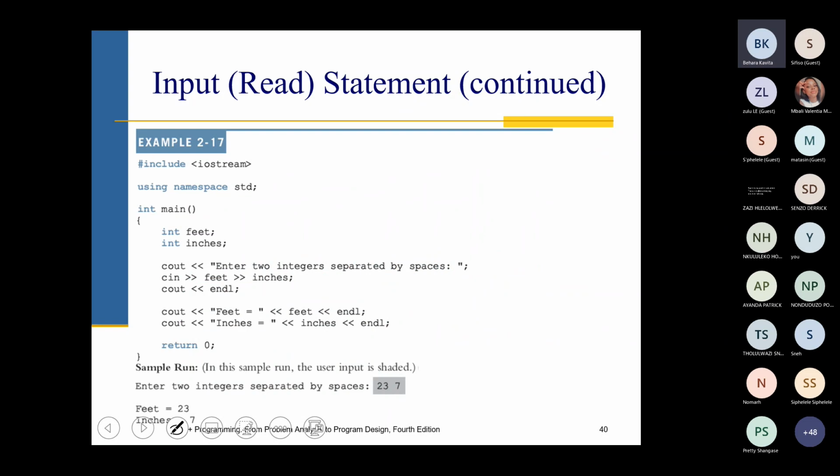So this is one of the examples. Let's evaluate this example. This is where I can ask you to prompt the user to input two integer values for feet and inches. When you write your cout, enter two integers, you are expected to input two values here.